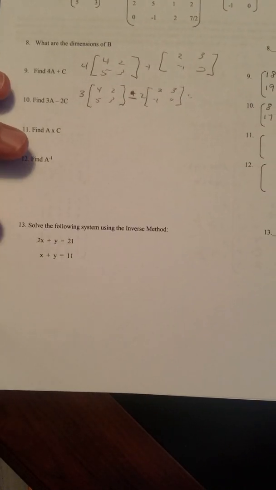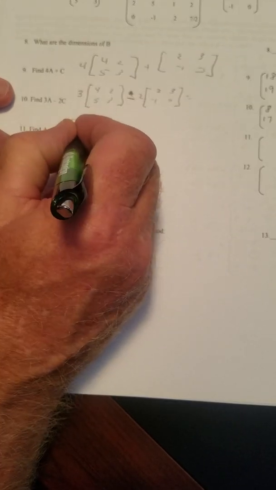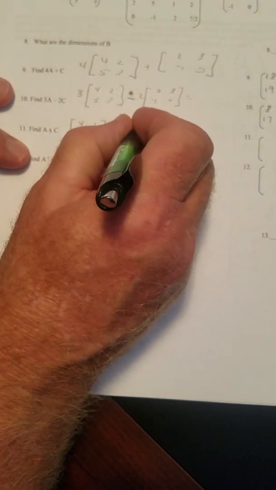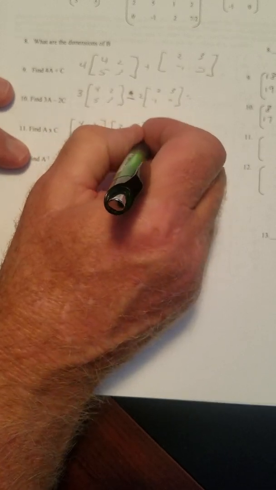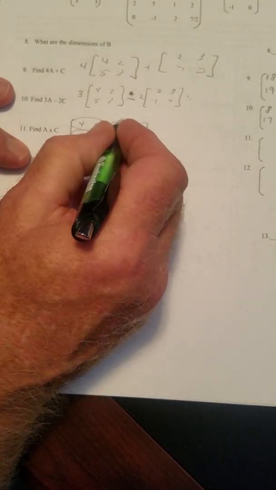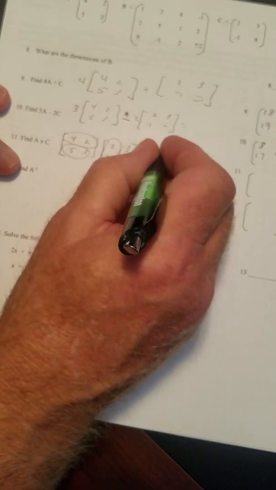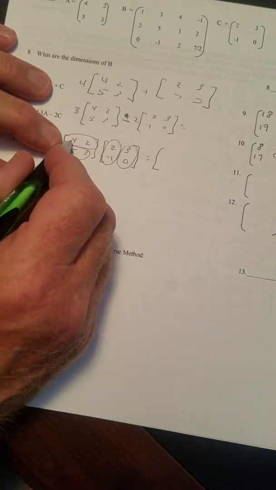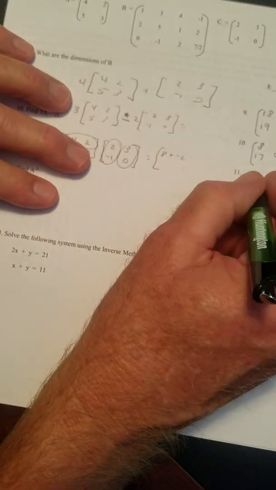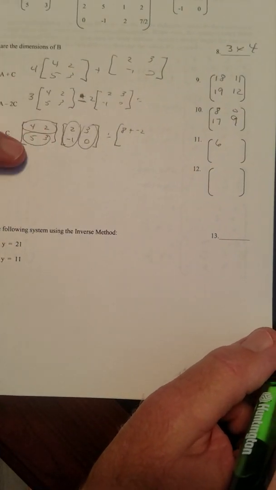Okay, and number 11 wants us to multiply [4, 2; 5, 3] times [2, 3; -1, 0]. When we multiply, remember you're taking rows times columns. First row, first column: 4 times 2 is 8, plus 2 times negative 1 is negative 2, so 6.